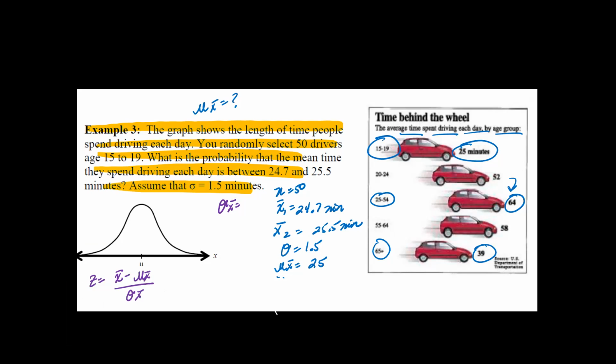Your standard deviation of X bar is going to be the standard deviation over the square root of n. If my standard deviation is 1.5, then what is my n? My n is 50.